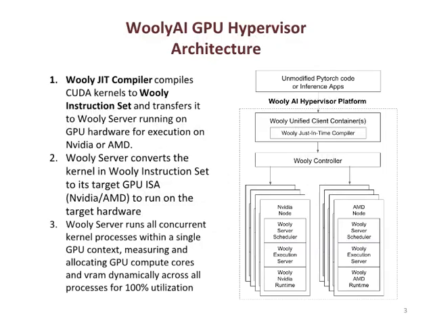So, how does WoolyAI bring it all together? The WoolyAI client container runs your PyTorch projects or inference apps like VLLM on any CPU-only node and sends CUDA kernels, represented as WoolyAI instruction set, to the GPU nodes running the WoolyAI Hypervisor. On the GPU nodes, WoolyAI Hypervisor just-in-time compiles them to the native NVIDIA or AMD instructions, with hardware-specific optimizations.